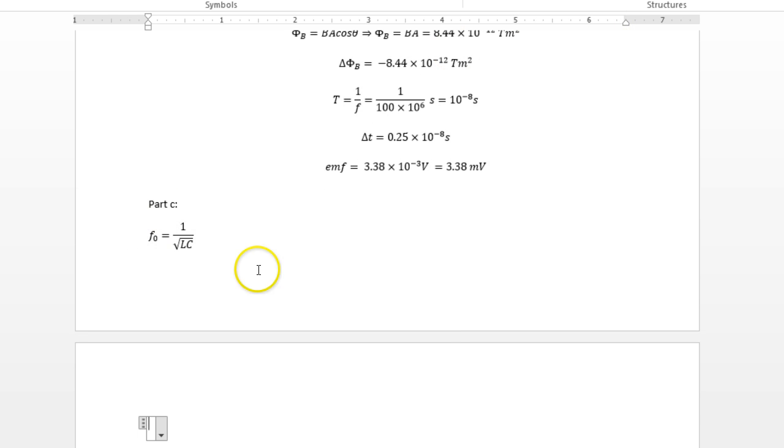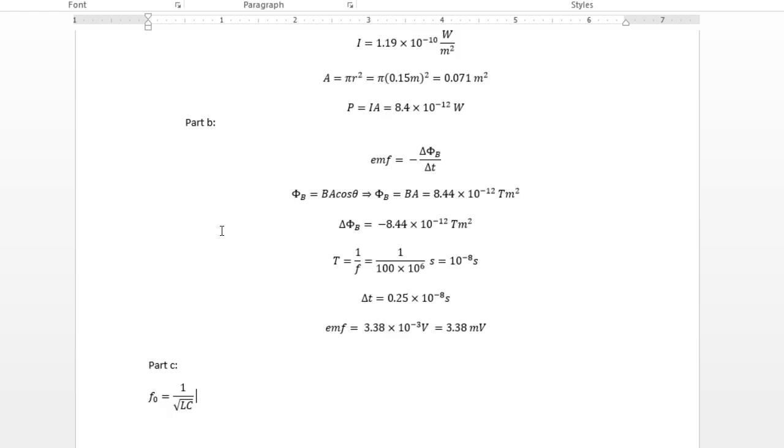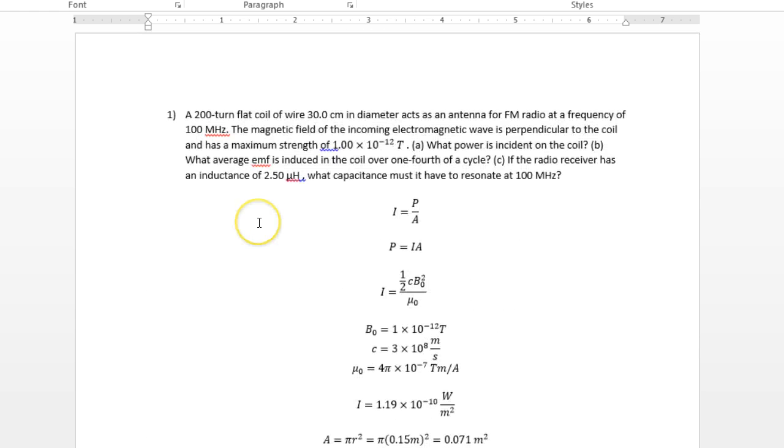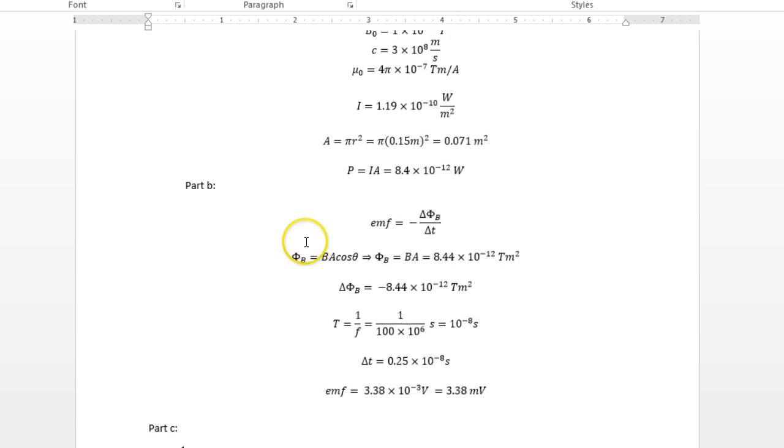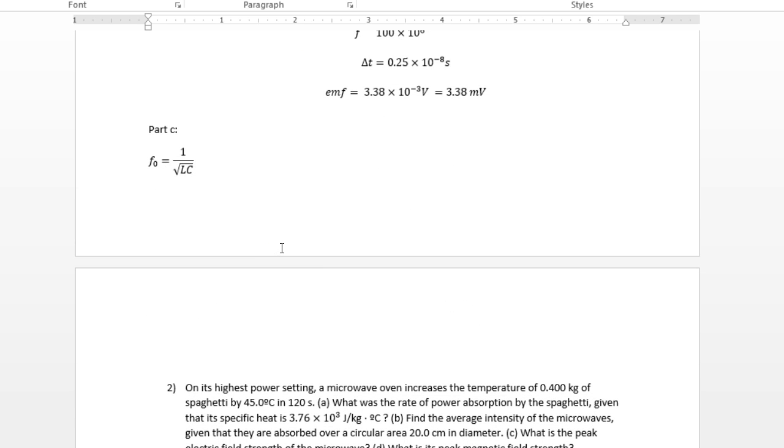Now we have the inductance is 2.5 microhenries. We have the resonant frequency is 1 times 10 to the 8th hertz. So we just need to solve this for capacitance.